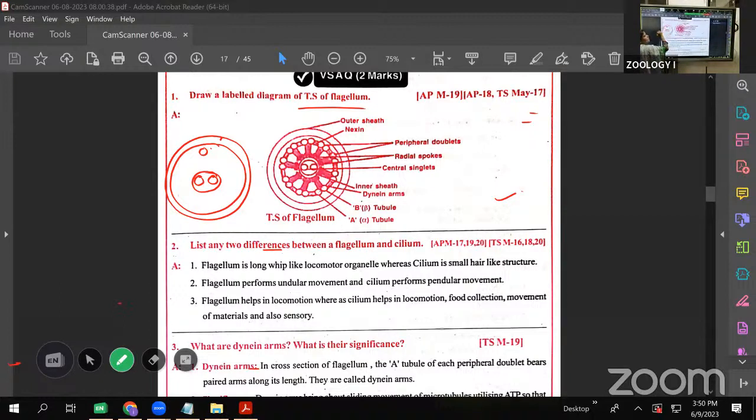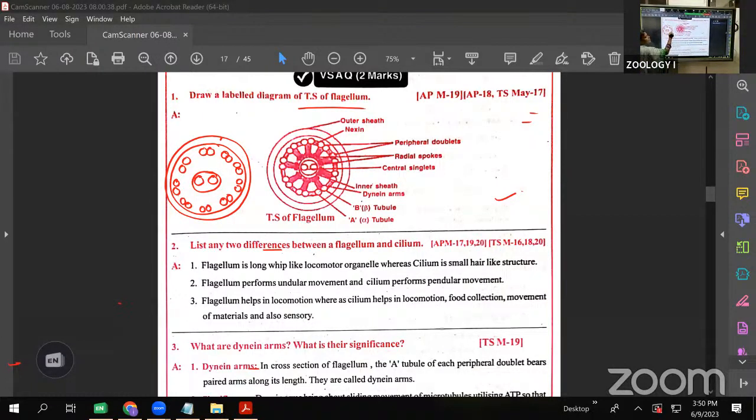Doublet means two are there. Compulsorily draw all nine doublets, combined. Just like this, nine doublets are there.